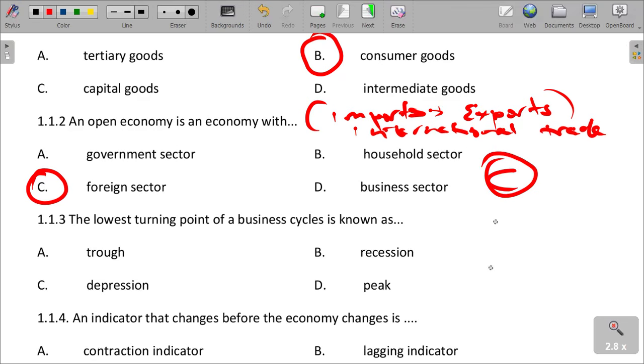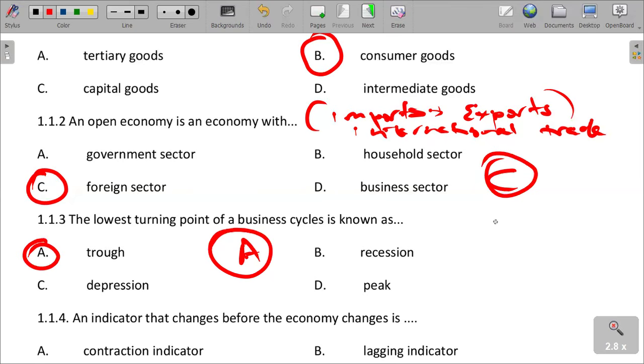The lowest turning point of a business cycle is known as a trough. A trough is the lowest turning point of a business cycle. It depends on the factors behind the economic performance of the country or of the state.